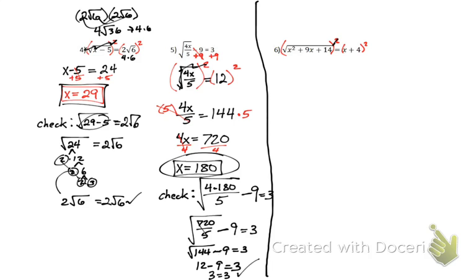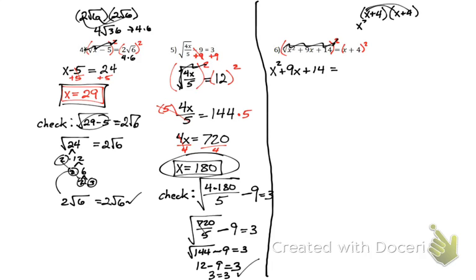Left side, squares and square roots cancel. I'm left with x squared plus 9x plus 14 equals. And then on the right side, remember, this is x plus 4 squared, which means x plus 4 times another x plus 4, which means you're going to have to FOIL.